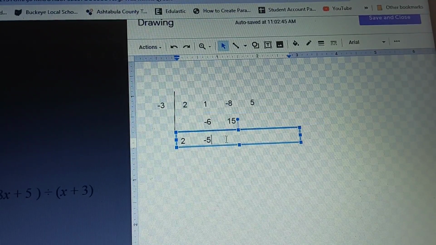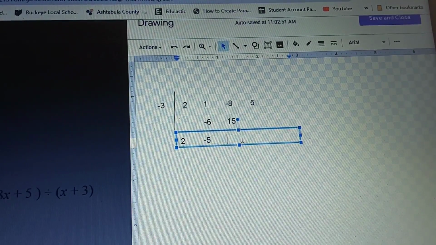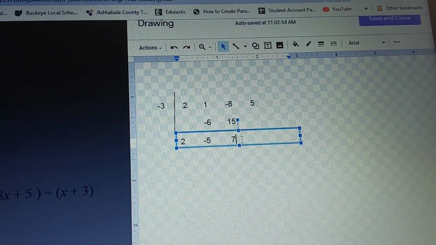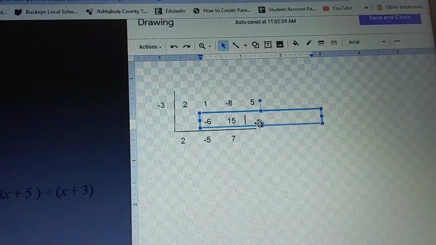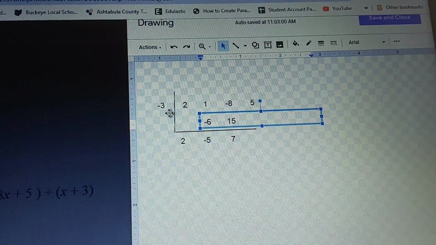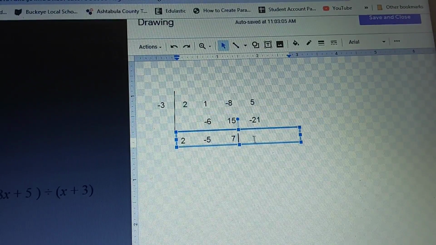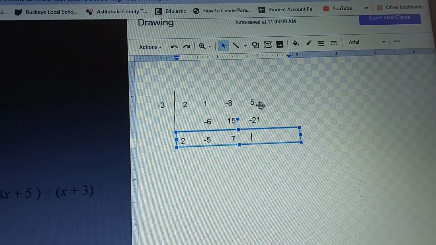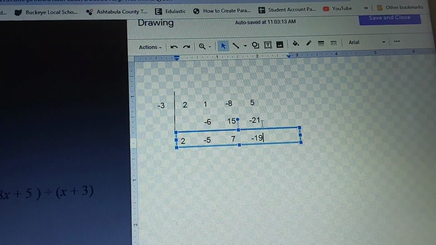Then I go back down here. -8 plus 15 gives me a 7. Back up here, 7 times -3 is -21. And I put my final answer here. 5 minus 21 is -16.